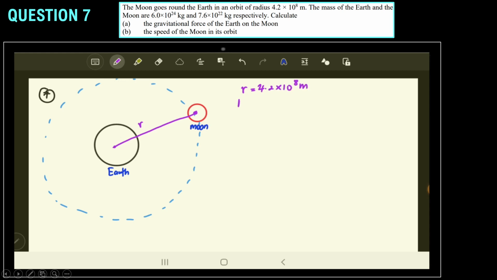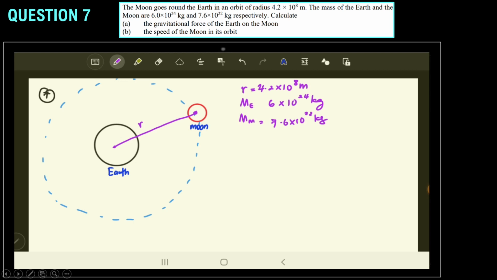And the mass of the moon is given as 6 times 10 power of 24 kg, and the mass of the earth is 7.6. Okay, it is the other way around. So this is E and this is M. The mass of the earth here, the mass of the moon here. So 7.6 exponent 22 kg.